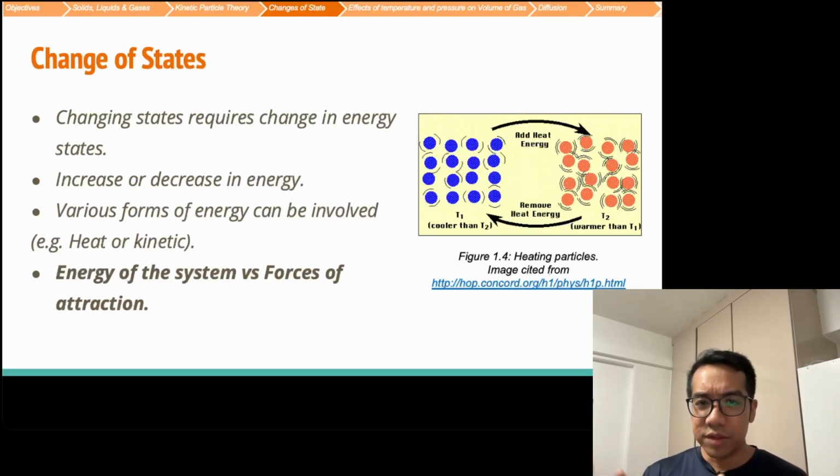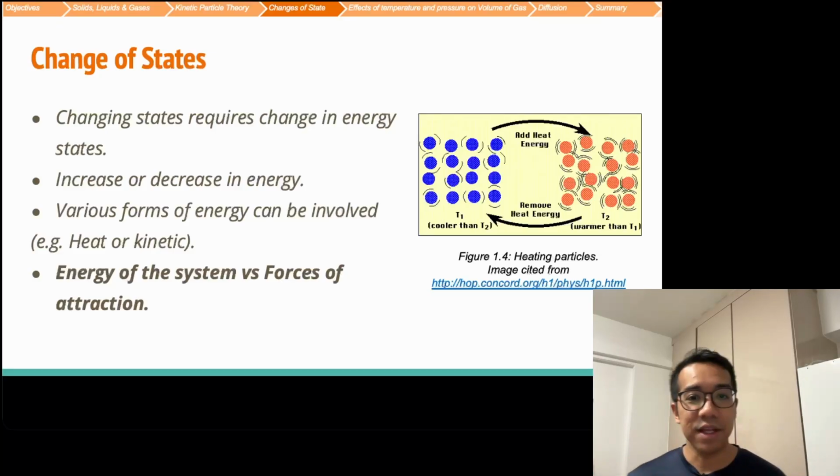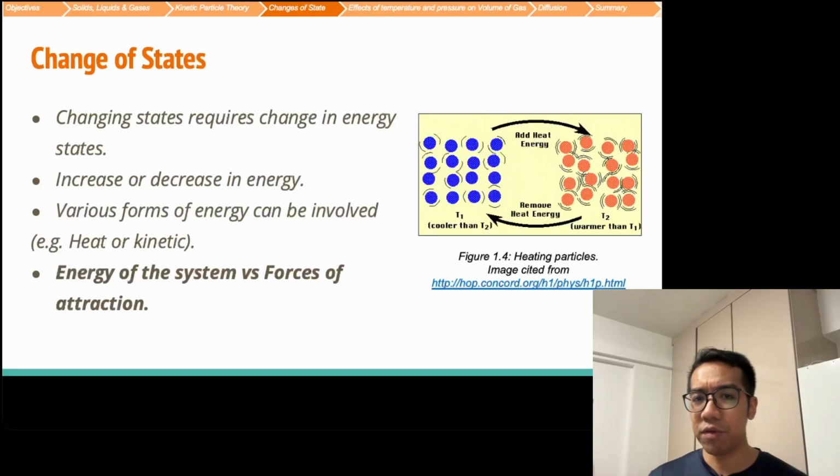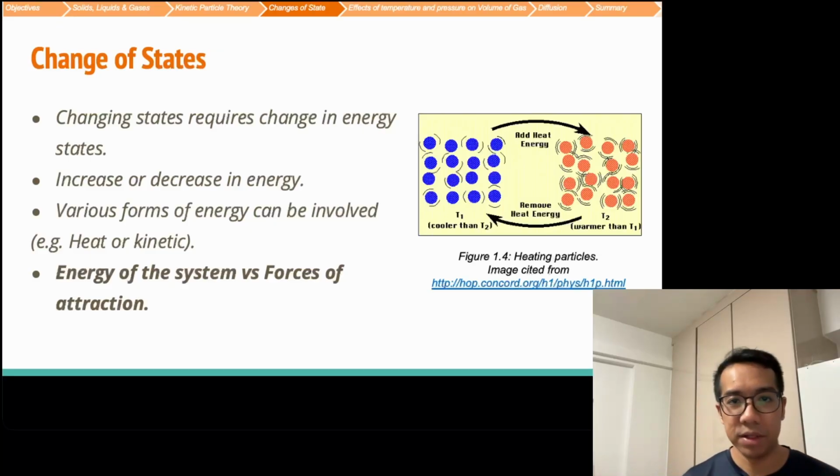One thing that you will see commonly in changes of state is the interaction between the energy of the system and the forces of attraction. Again, forces of attraction is something that we learned earlier. For example, particles in a solid have strong forces of attraction, whereas particles in a gaseous form usually have weak interactions between the particles.